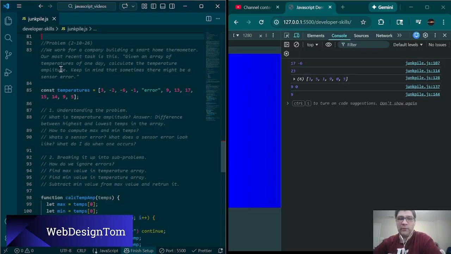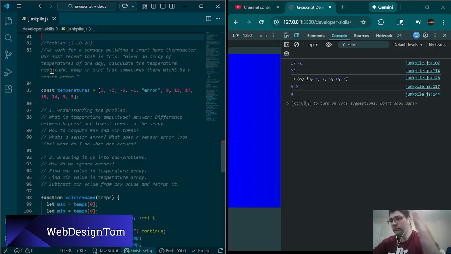We were given an array of temperatures for just one day, and we had to calculate the temperature amplitude, which, he told us, is just the difference between the highest temperature and the lowest temperature. So we just had to subtract the lowest from the highest.